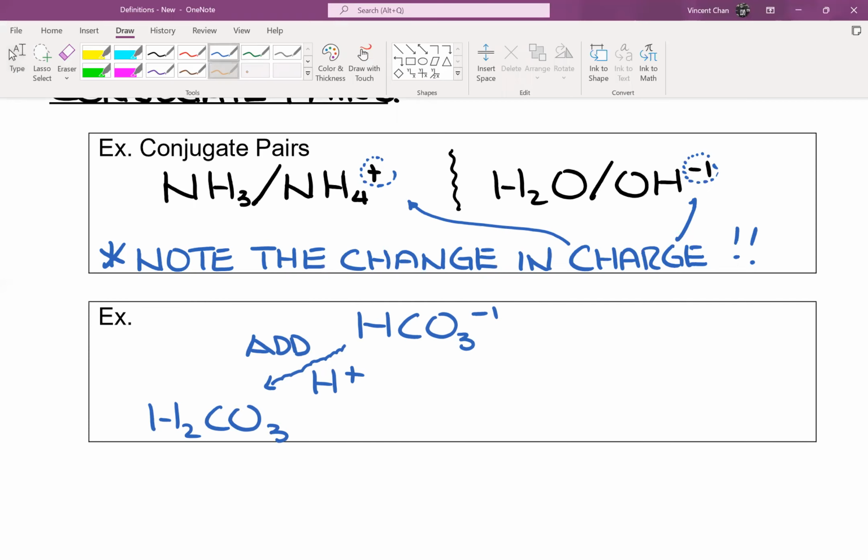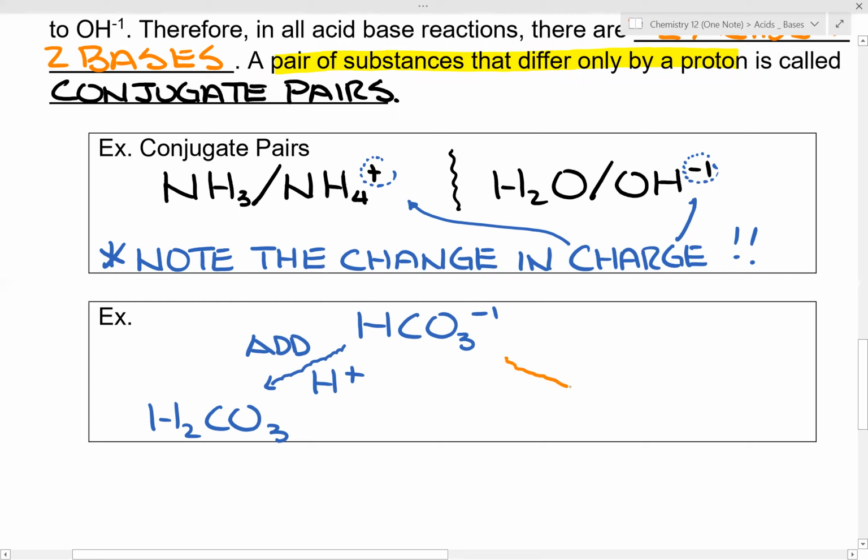If I remove a proton, take H plus away, I would get CO3 2 minus.